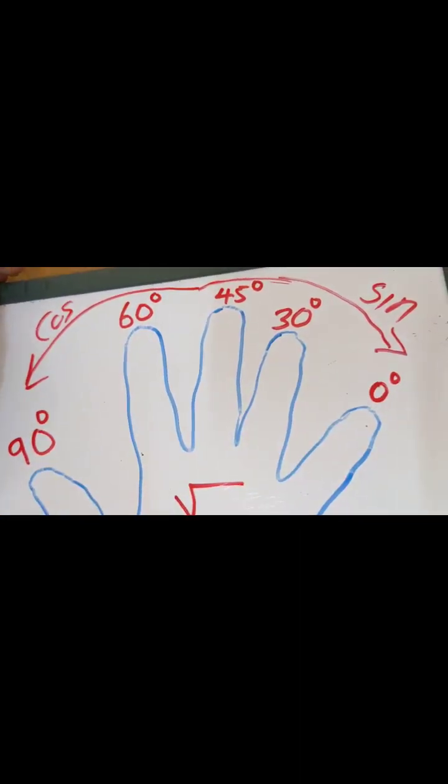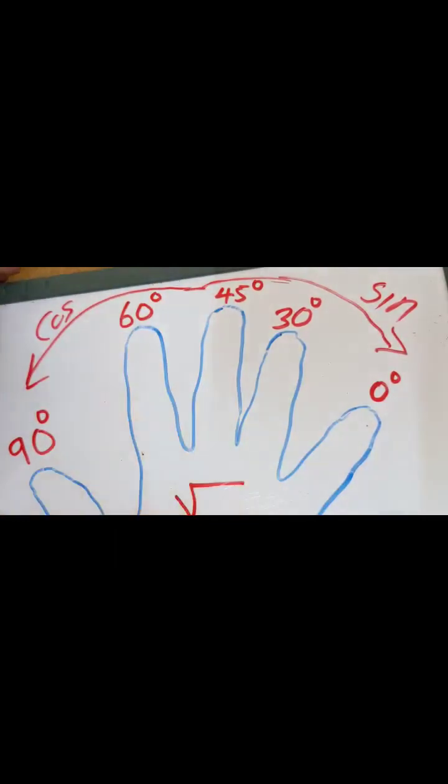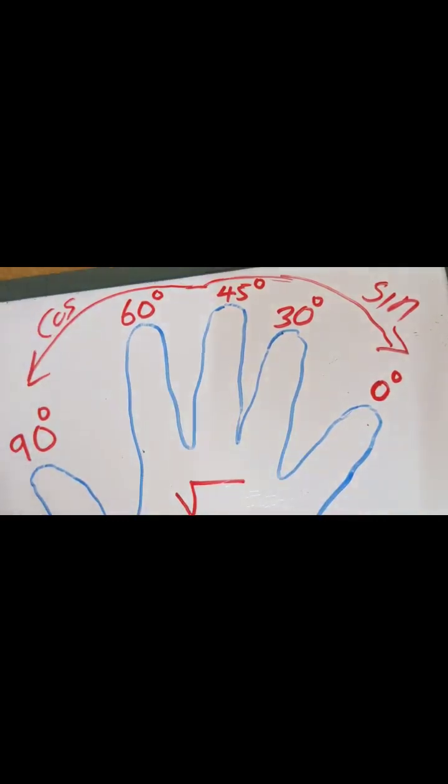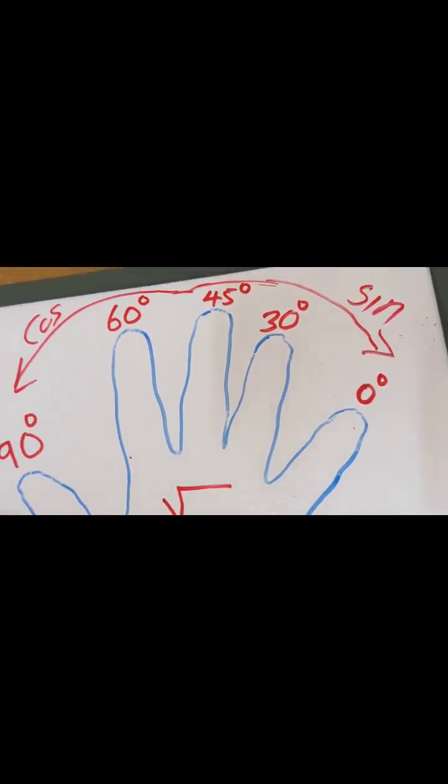So going this side, it is sine. Going this side, it is cos. That is the other thing that you need to know. On the right hand side, going this side, it is sine. Going this side, it is cos. So now, how do you find them?